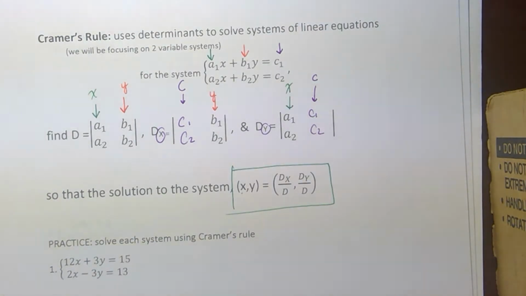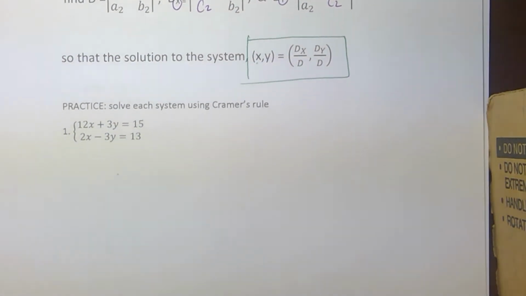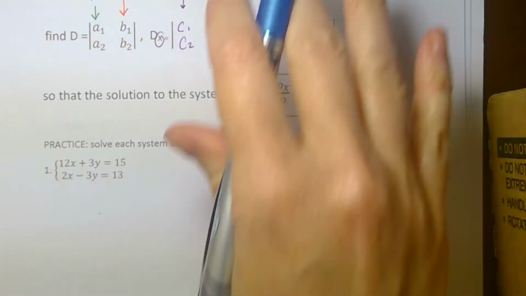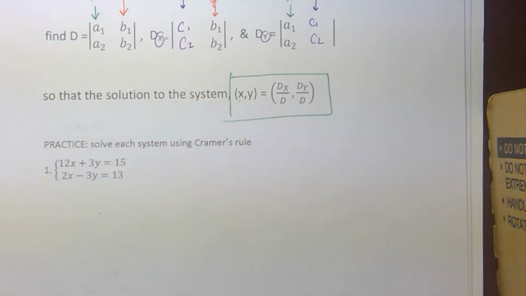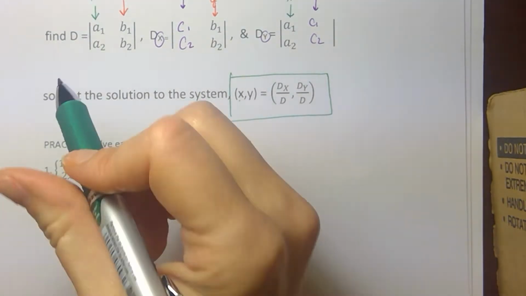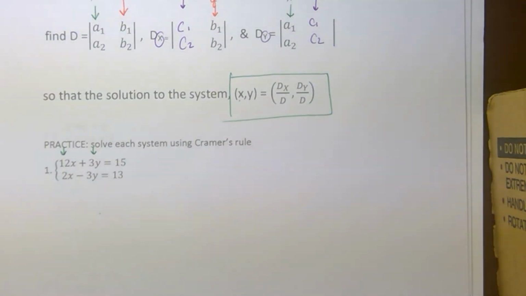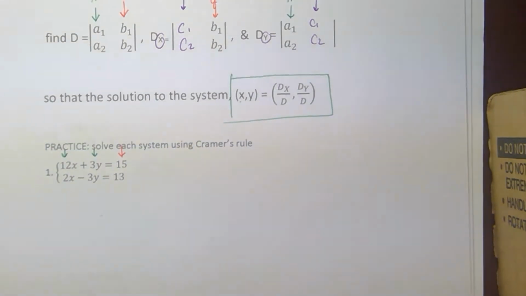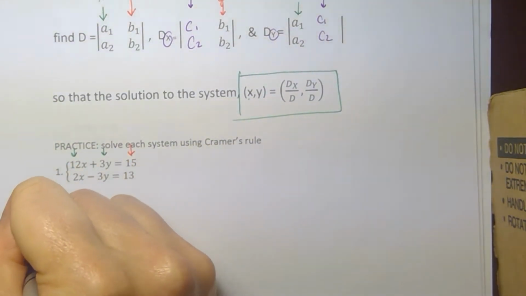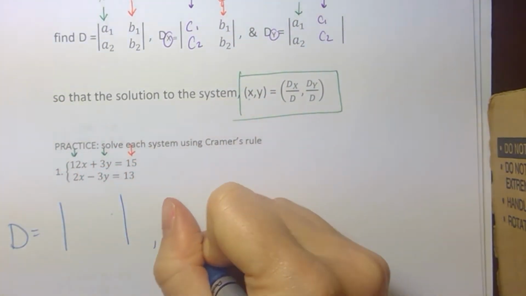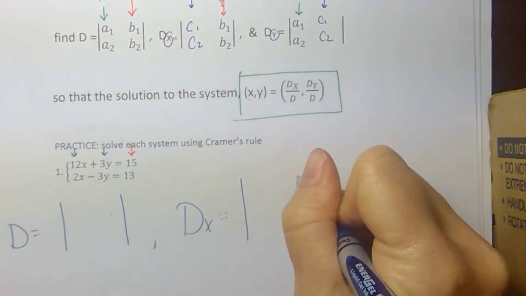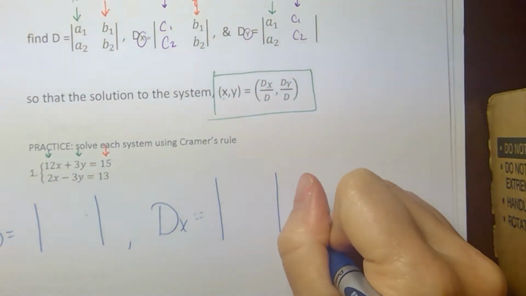So we have our system of equations, two linear equations and two variables. I have x coefficients, I have y coefficients, and then I have that constants column. I'm going to need to find three different determinants. I'm going to have to find D, D sub x, and D sub y.